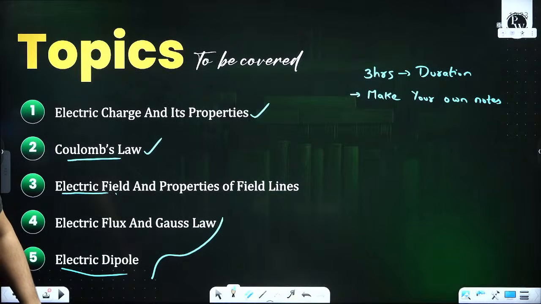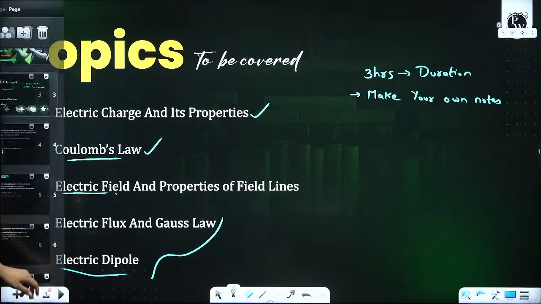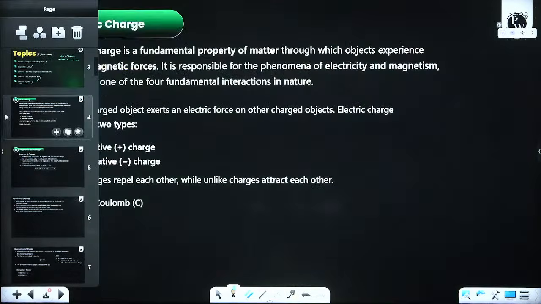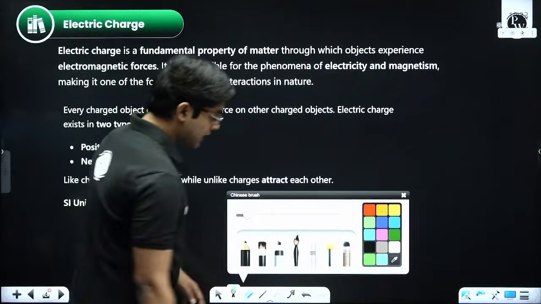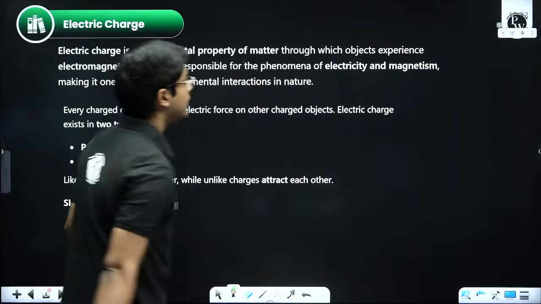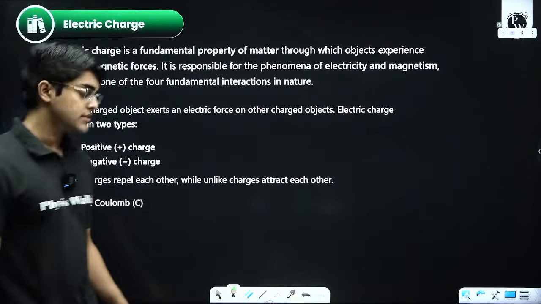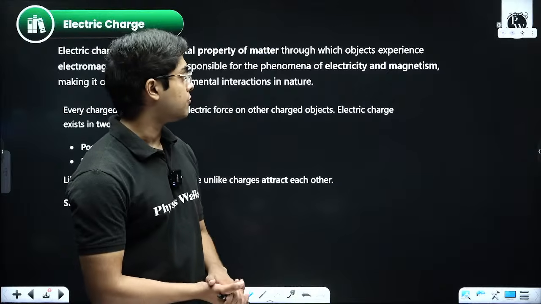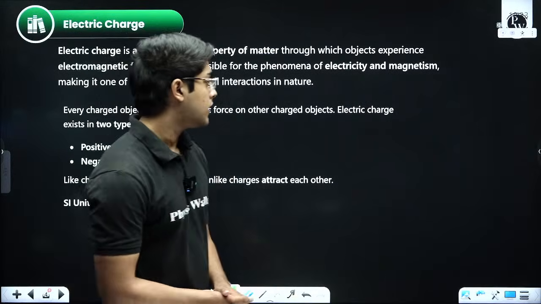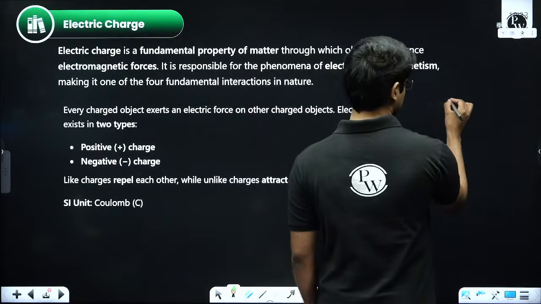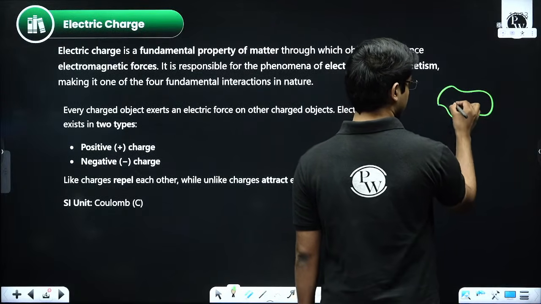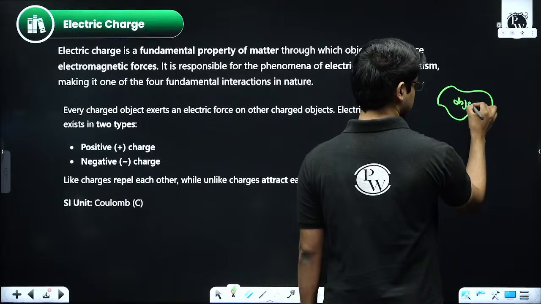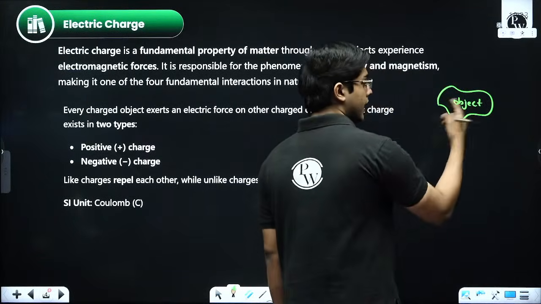All right. So we'll start from the first topic, which is electric charges. Electric charge is basically, just like mass, a fundamental property of matter. All matter, as you all know, is made up of atoms.